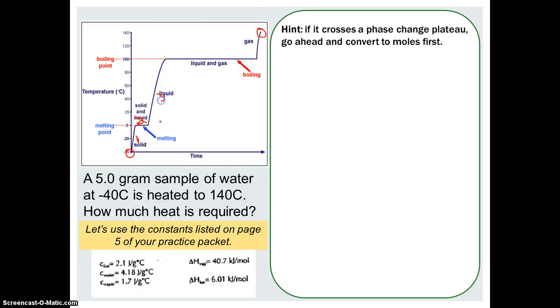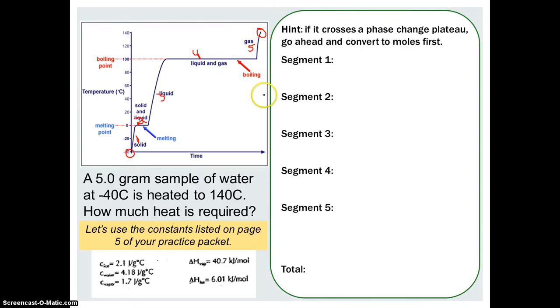In segment 3, you're going from a cold liquid to a hot liquid, changing temperature. Finally, you reach the boiling point, and now you're a liquid boiling. And then once you're all gas, you're a gas heating up. So really there are 5 segments, 5 pieces to this calculation.